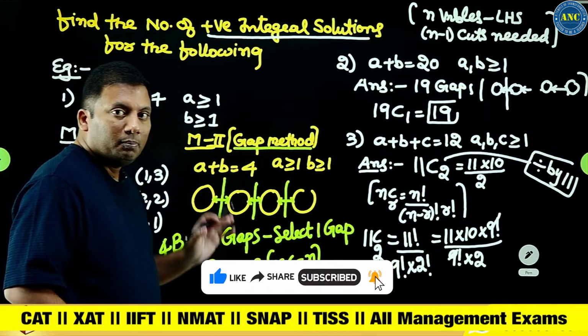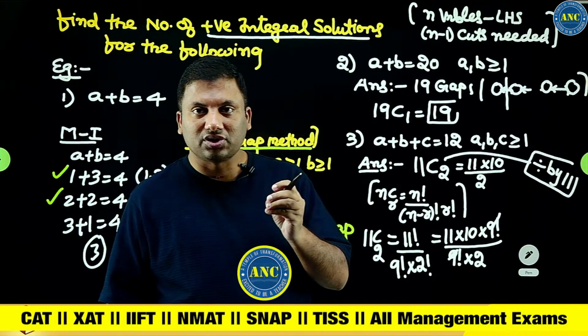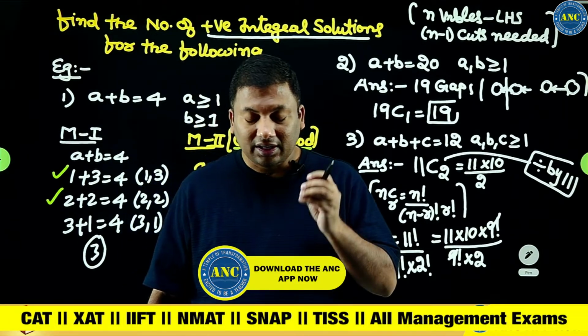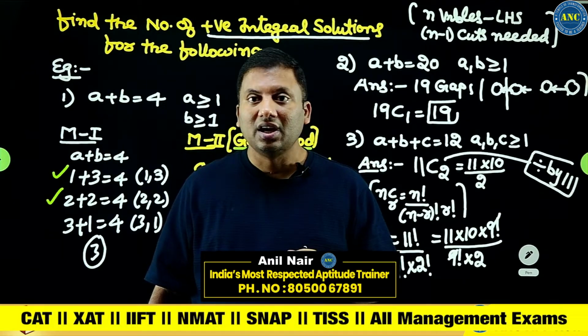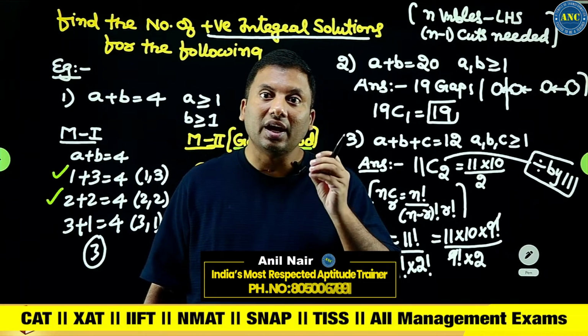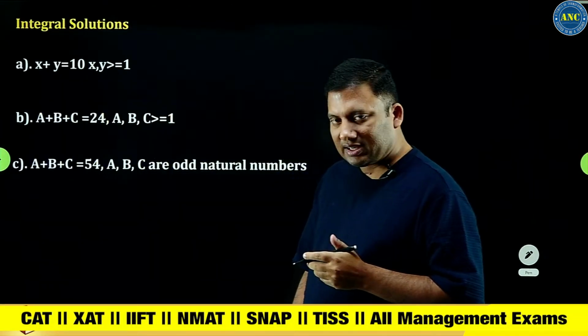I hope the basic fundamentals are clear to you. The right hand side denotes the number of balls. Take the gaps. On the left hand side, if n variables are there, how many cuts are required? N minus 1 cuts are required.